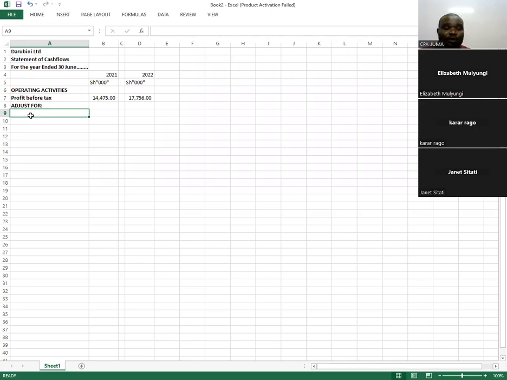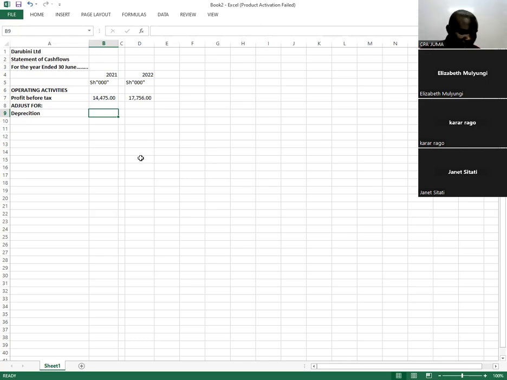Once you write adjust for, always write depreciation. Always write depreciation. So depreciation, check. Can you check depreciation in our question? So I want you to check depreciation.